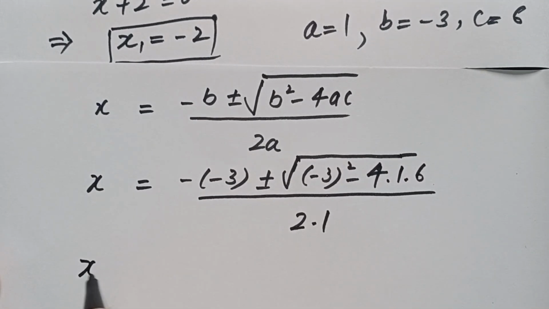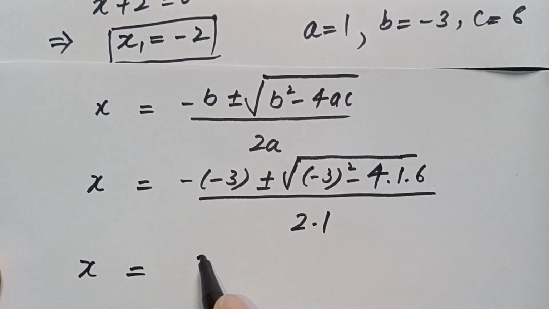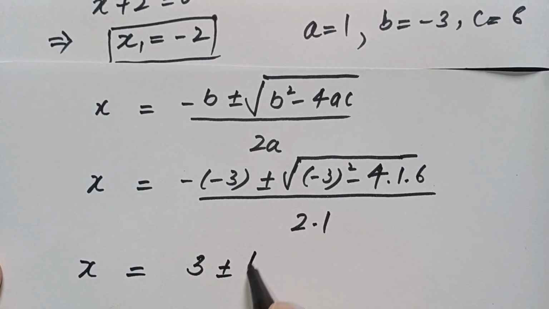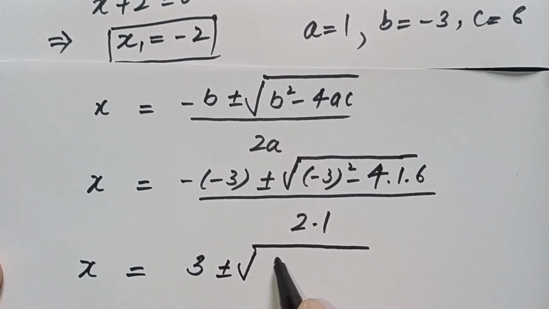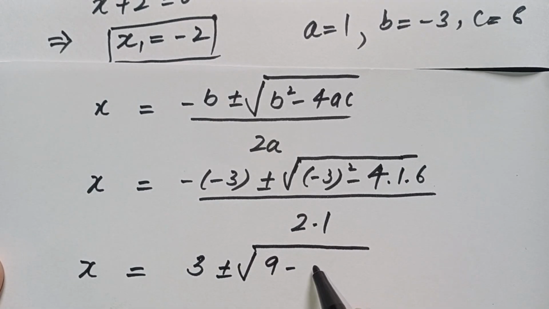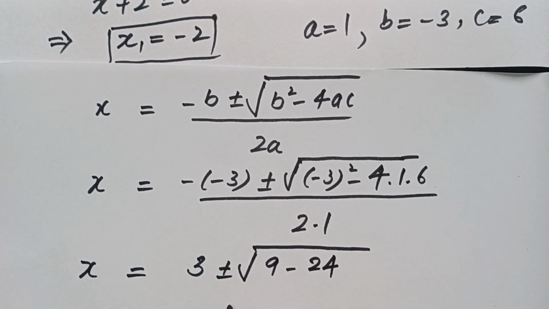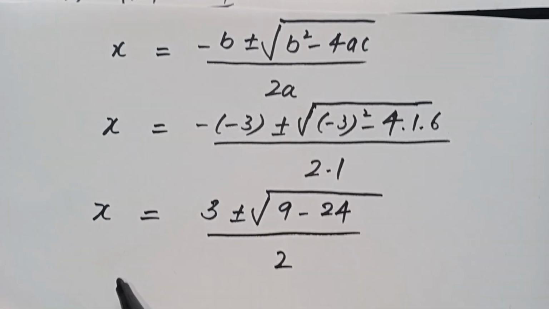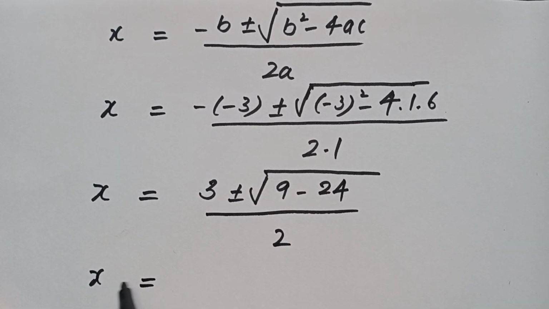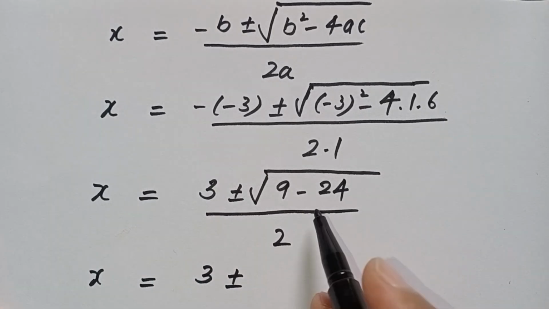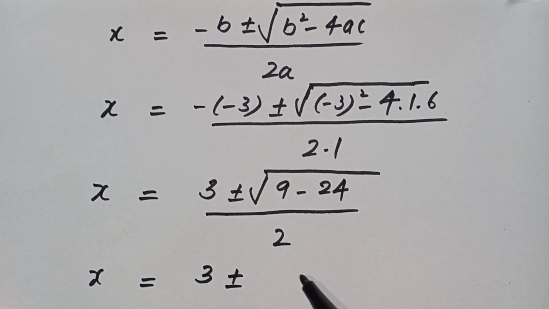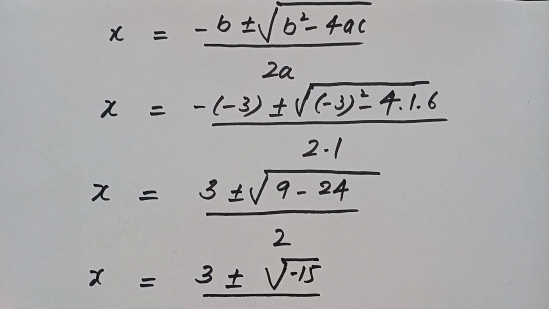So in the next step, we have x is equal to plus 3 plus or minus square root of minus 3 square is 9 minus 4 times 1 times 6 is 24, 9 minus 24, over 2. So from here we have x is equal to 3 plus or minus square root of 9 minus 24, which is minus 15, over 2.